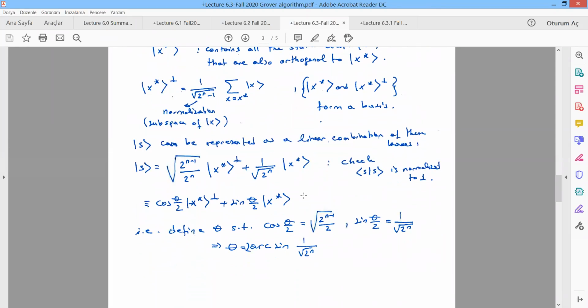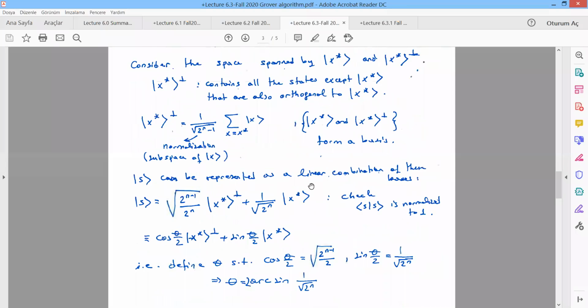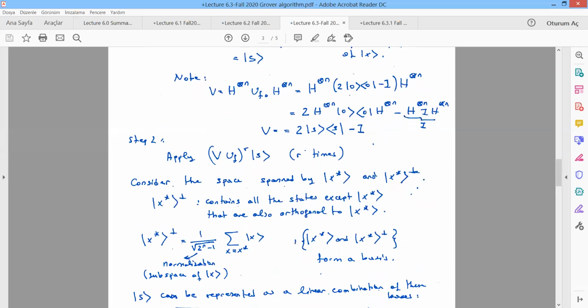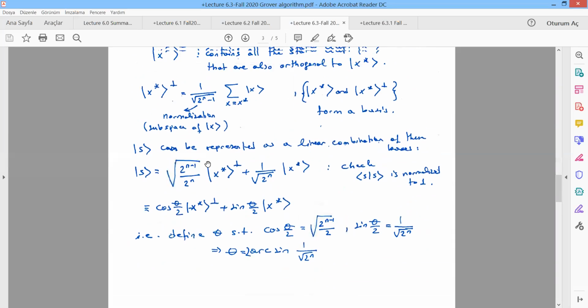And the |s⟩ state now can be represented as a linear combination of these bases, right? |s⟩ is the state that we defined as this, the linear superposition of all the |x⟩ states, Hadamard applied on the |0⟩ state. This was the definition of the |s⟩ state.